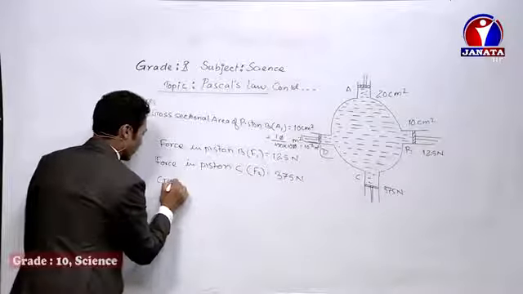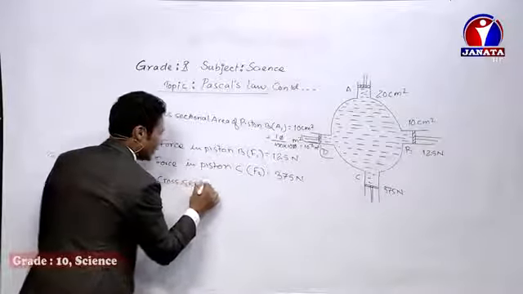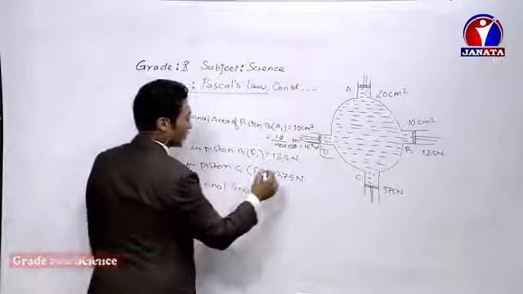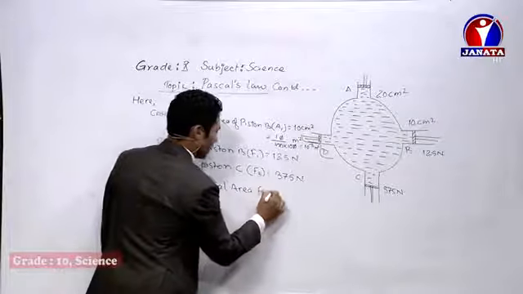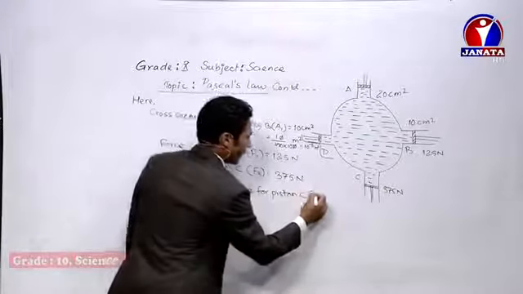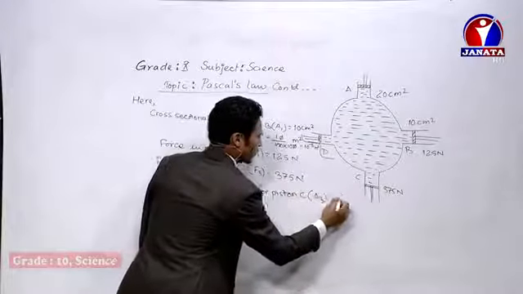And the cross-sectional area for piston C, that is A3, we need to find.